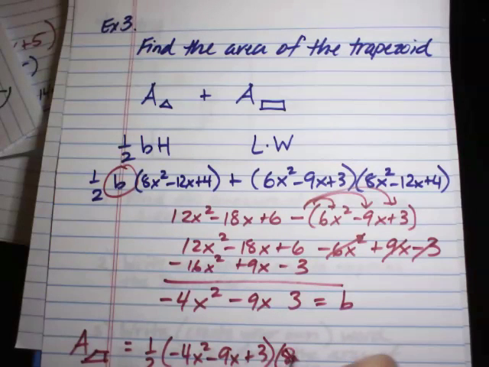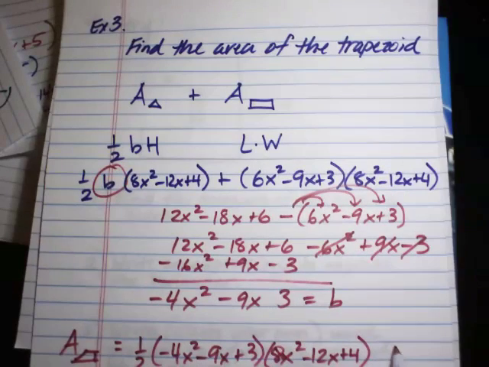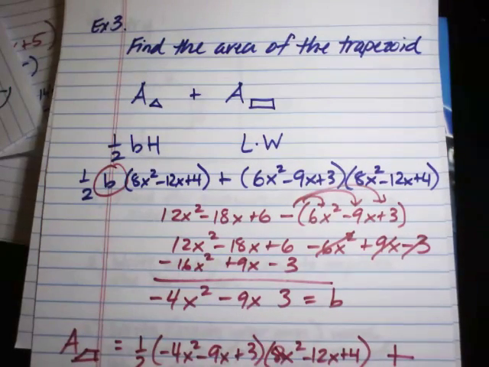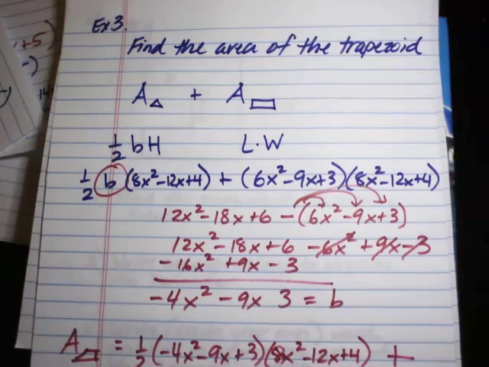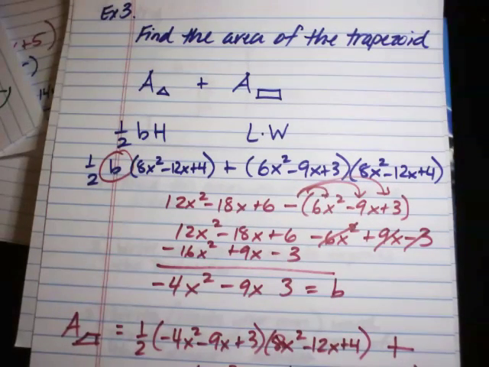I'm not going to make you multiply this out, but just know that you can simplify it if you would like, plus the length times the width: 6x squared minus 9x plus 3, 8x squared minus 12x plus 4. So that is your expression for the area of this trapezoid.